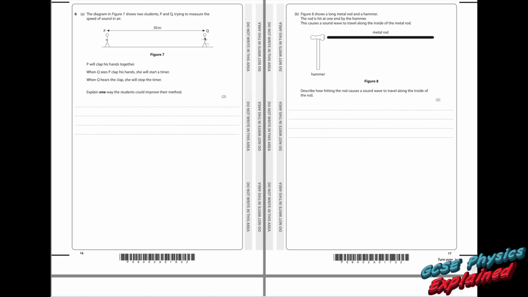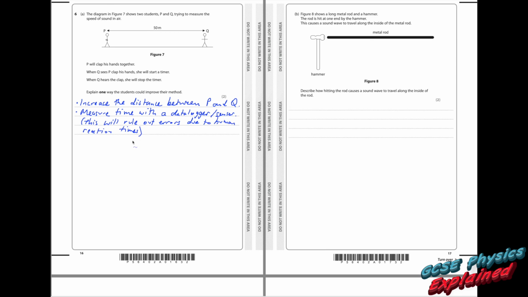It'll be best to get a computer, some kind of data logger, to measure time for you, and it'll be a good thing if you increase the distance between P and Q. This will rule out errors due to human reaction time.